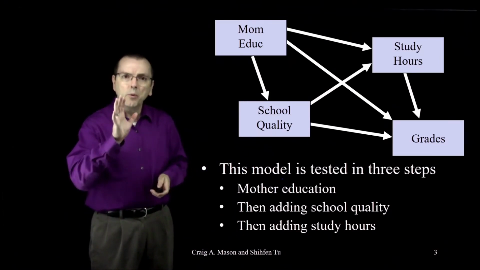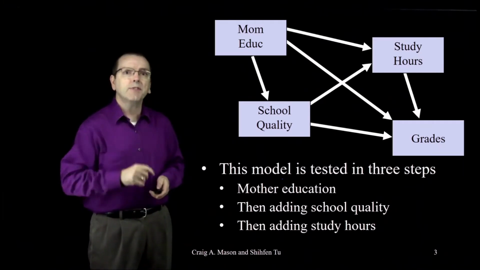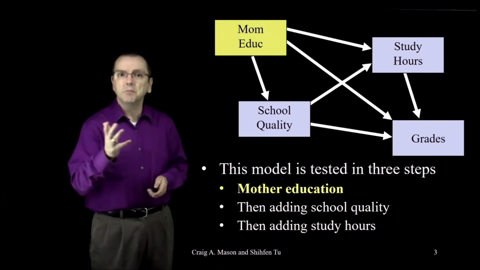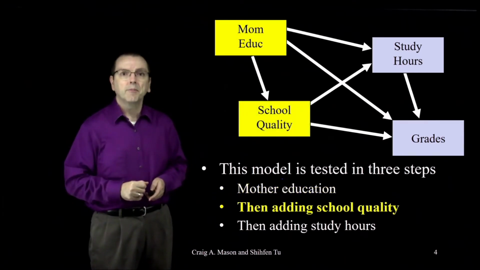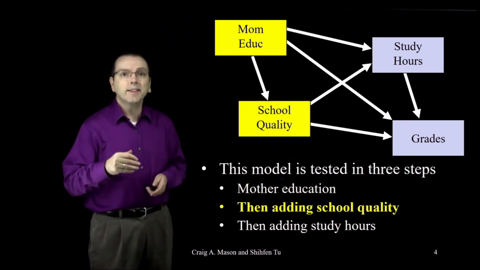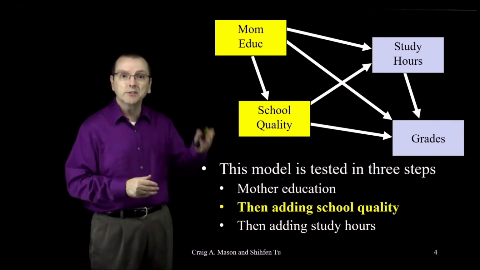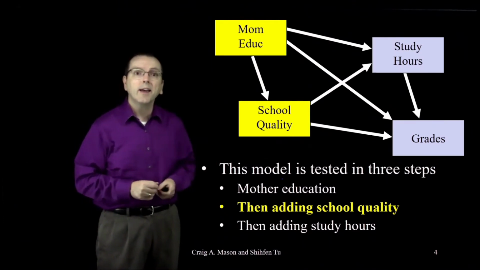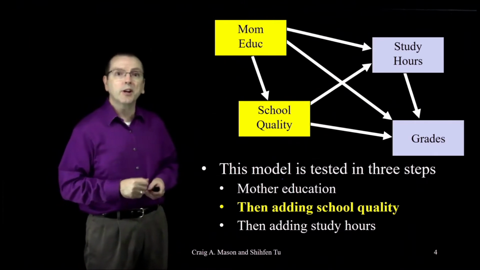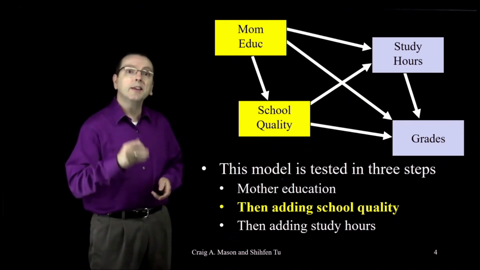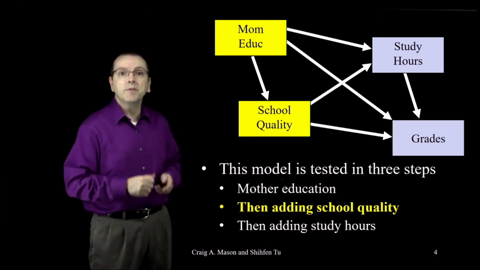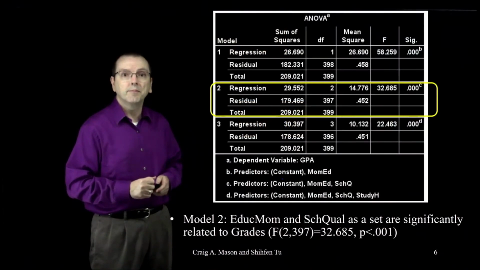We started in Model 1 with the first variable in that causal sequence, mother's education, as our only predictor. We're now going to add the second variable in that causal sequence, school quality, as an additional predictor in Model 2. So let's start by looking at the ANOVA table after we've added school quality.